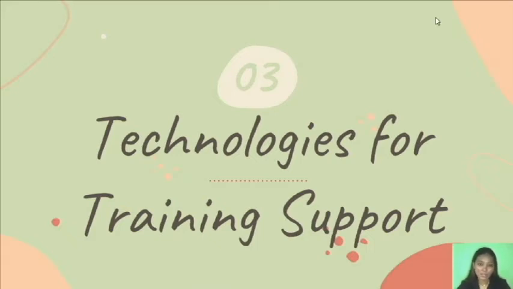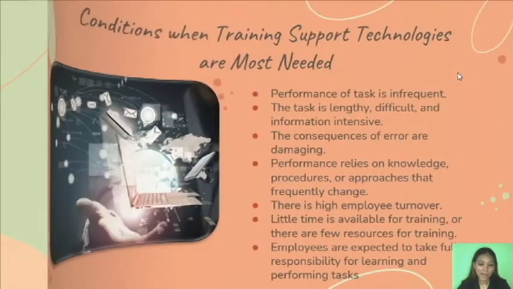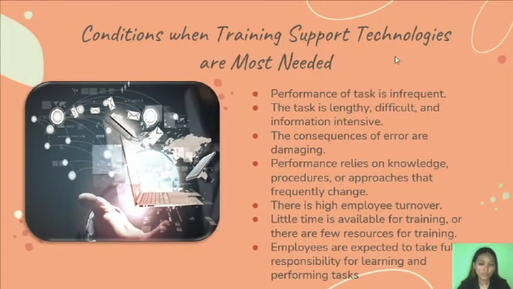To further understand this topic, we have the conditions when training support technologies are most needed. Below are some situations that we could identify that we are already in need of training support technologies. The first one is the performance of the task is infrequent. Second, the task is lengthy, difficult, and information intensive. Next, the consequences of error are damaging.